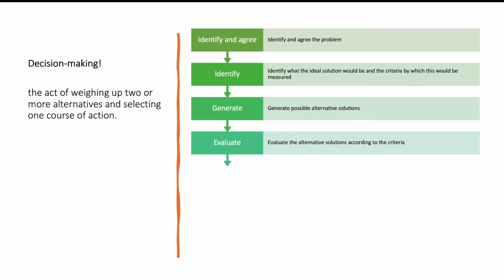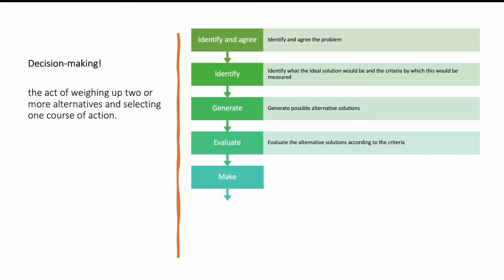Okay, now evaluate. This is very important in this decision making. Evaluate the alternative solutions according to the criteria. Whatever criteria you have set, you have to evaluate the alternative solutions according to the criteria.